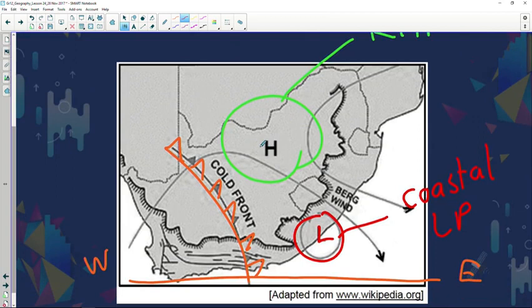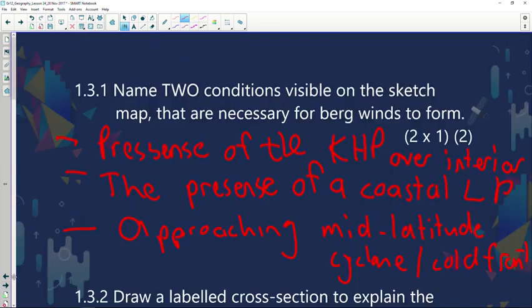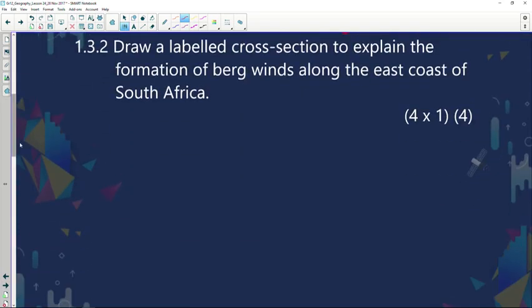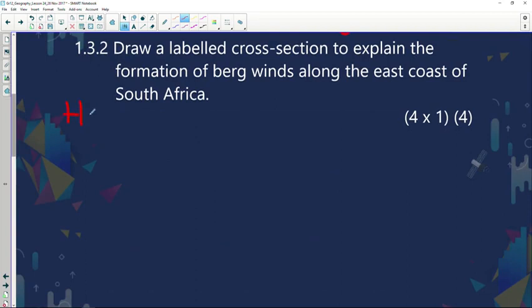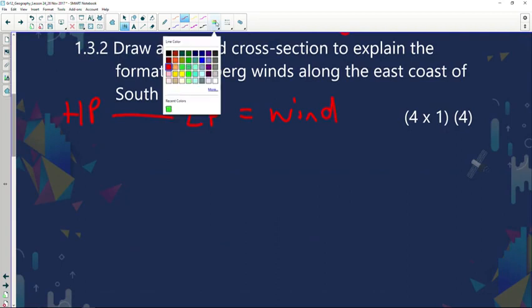Very importantly, we have a high pressure over the interior and a low pressure down at the coastal areas. And by now, grade 12, you should know that air travels from a high pressure to a low pressure, and that's known as wind.